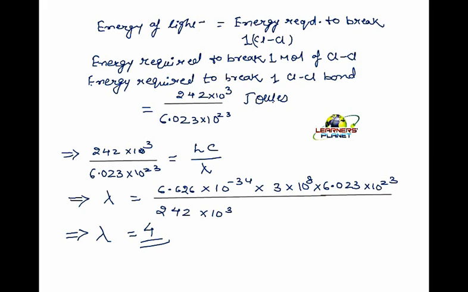You can round off 108 to 100 and 242 to 250. So 100 divided by 250 comes out to 4. 4 is your first digit, and you can do your calculations further if you want.